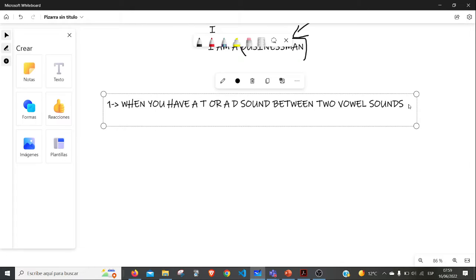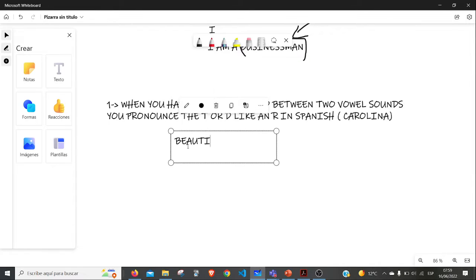Okay, so you pronounce the T or D like an R in Spanish, like the word Carolina. Okay? So focus on this part. If you look up the word in the dictionary, you say beautiful, right? Beautiful. Yeah. But look at this, T is between what?